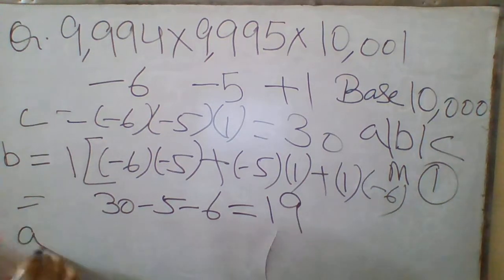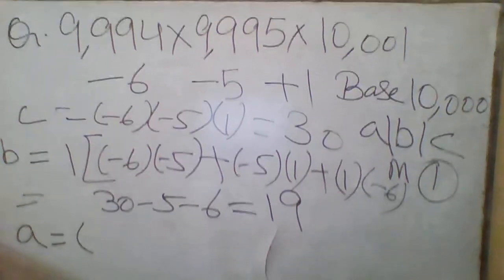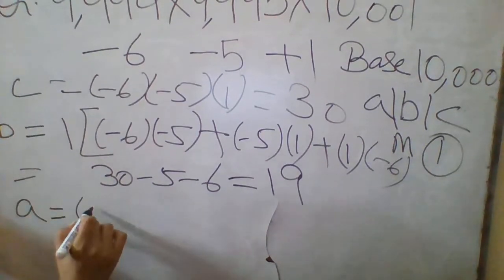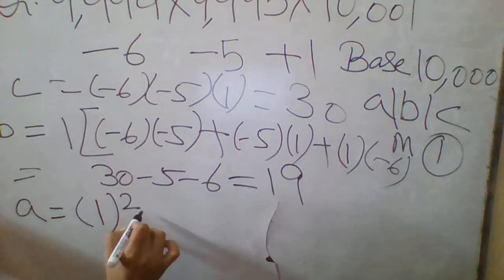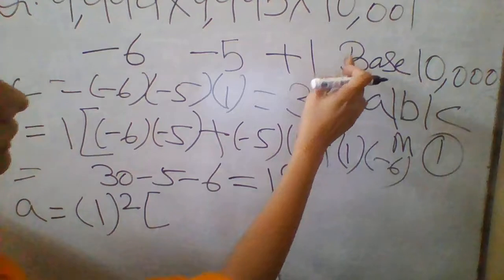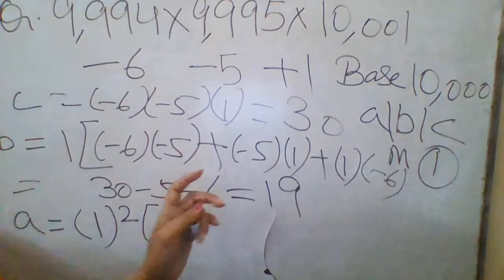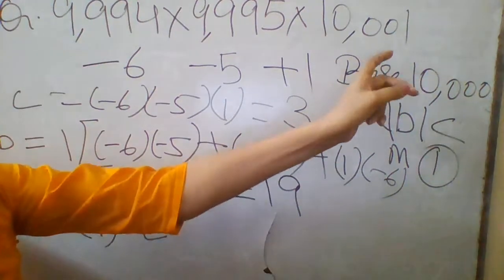Now find out the value of A, then the square of the multiplier. To find out the value of A, square of 1 here, then in bracket. Now if I take this last term, this is 10,001.